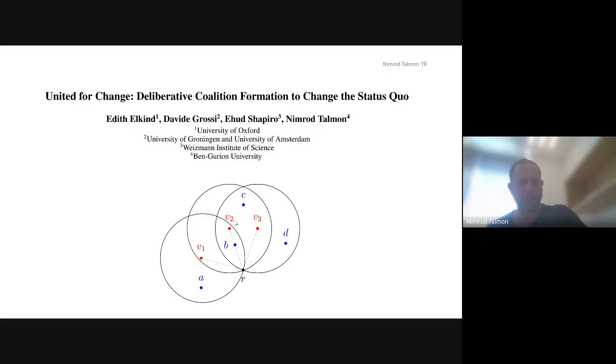But this is a very, very simplistic view of deliberation, because we don't model how people deliberate and discuss. We just try to model the outcome of deliberation. In this work, the outcome is the joining, merging and splitting of coalitions of agents that form around the ideal points in the metric space.